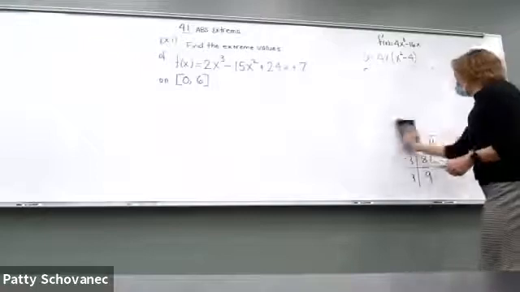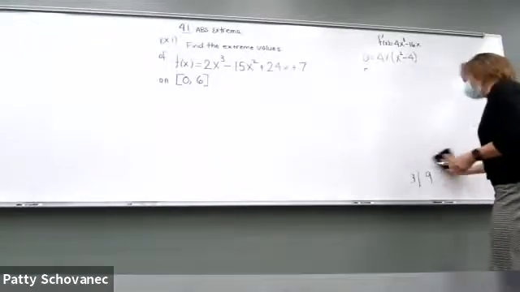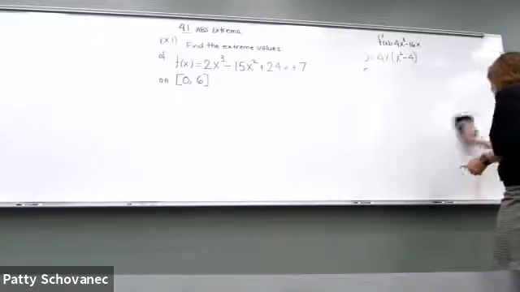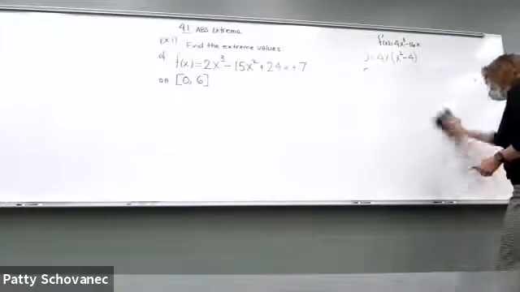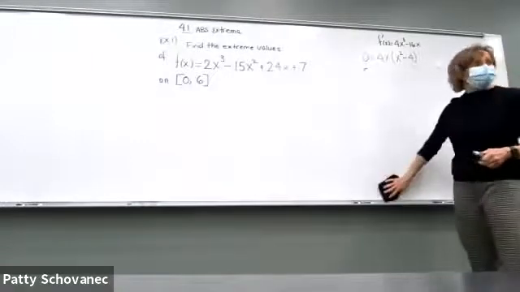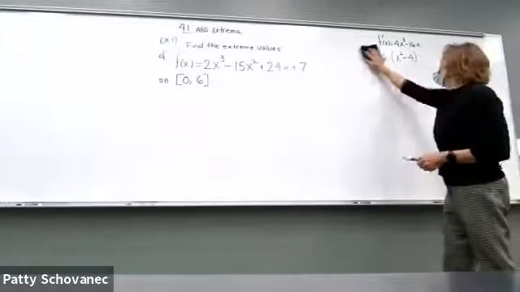You get two critical numbers and tell me if they're both in between 0 and 6. They're both in there? What are your two critical numbers?